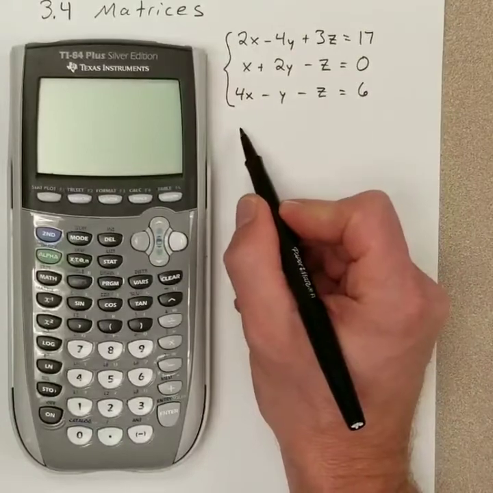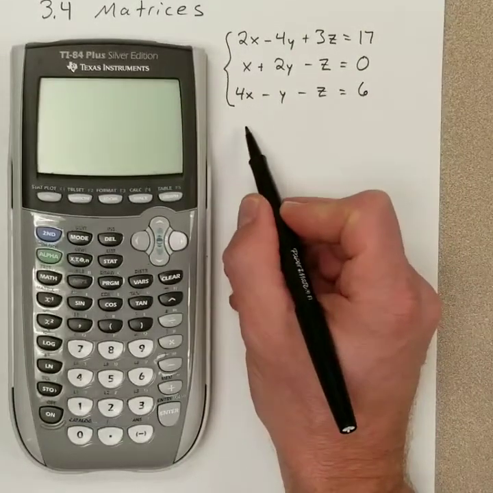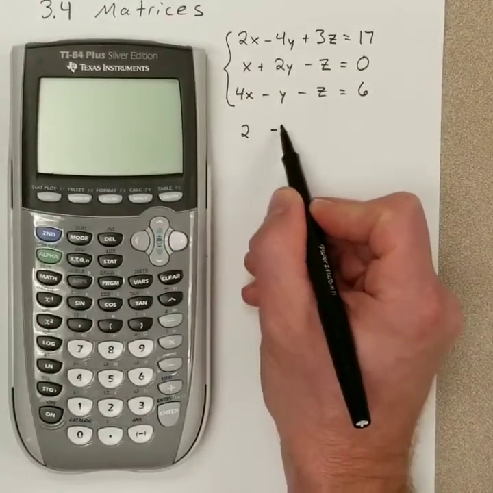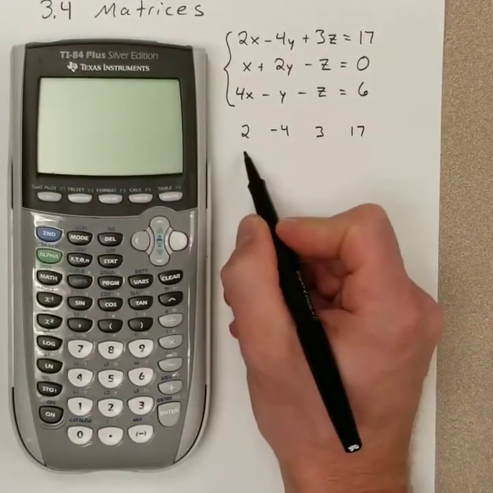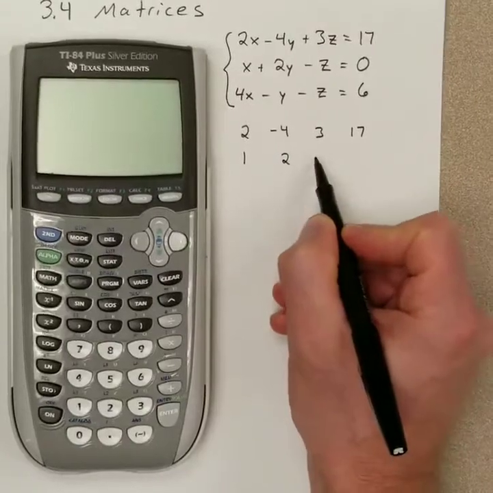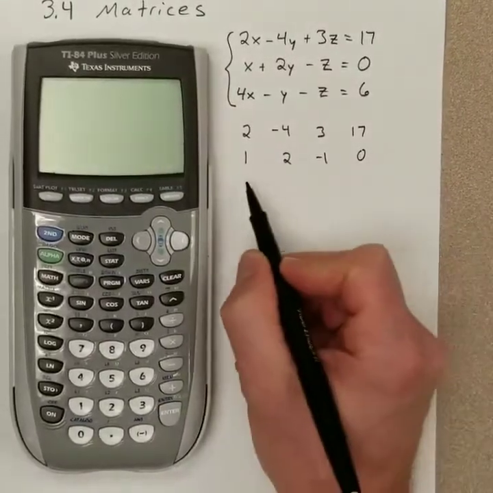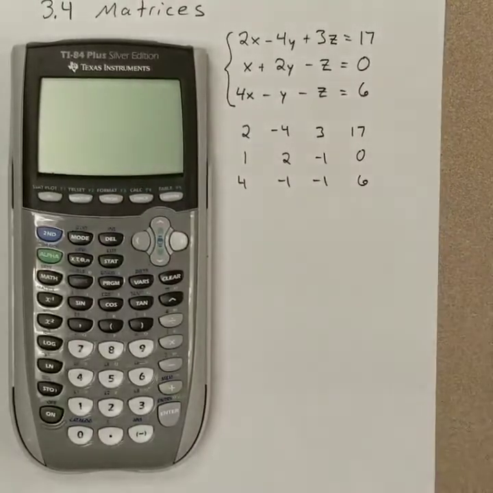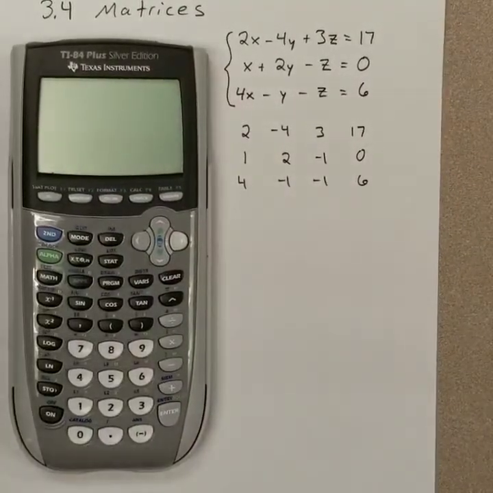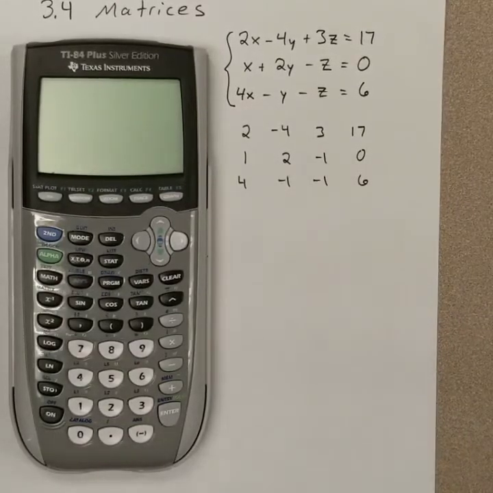Okay, so the corresponding matrix is 2, negative 4, 3, 17; 1, 2, negative 1, 0; 4, negative 1, negative 1, 6. You can see how those numbers match up to the coefficients on the variables and the three constants on the right.